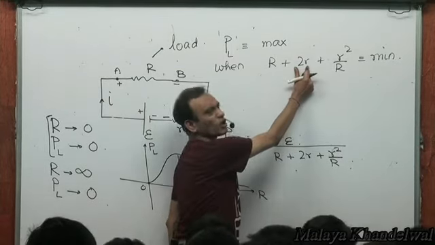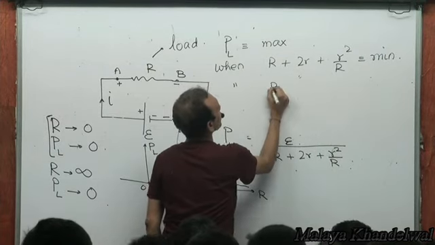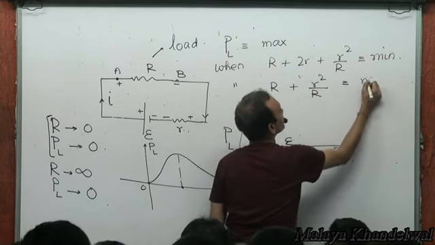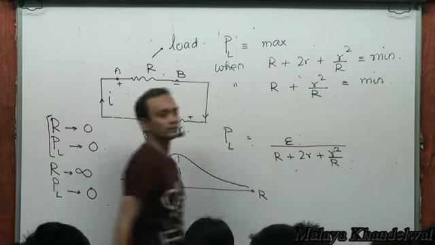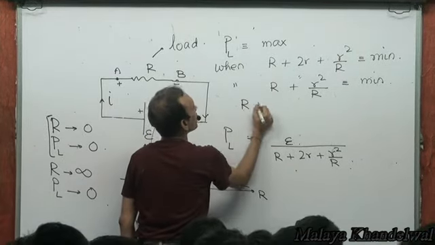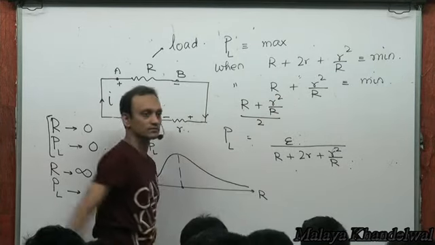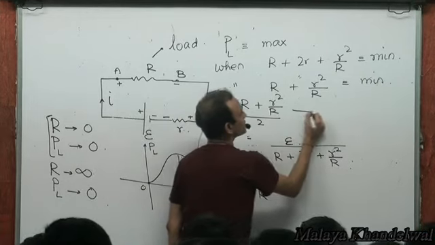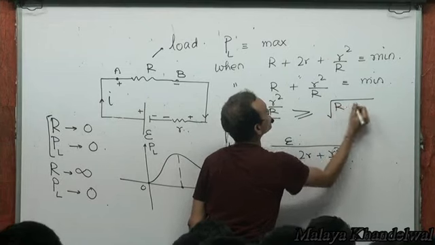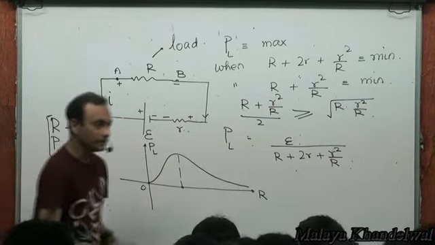Now 2r anyways is a constant. That's the battery character. This would happen when R plus r squared by capital R is a minimum. Right? The arithmetic mean of this is greater than or equal to the geometric mean, that means root of R into r squared by capital R. AM greater than or equal to GM.